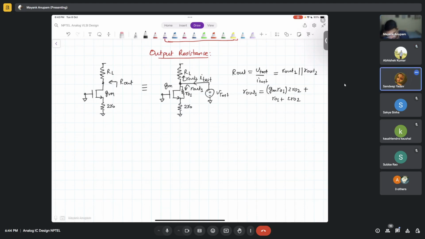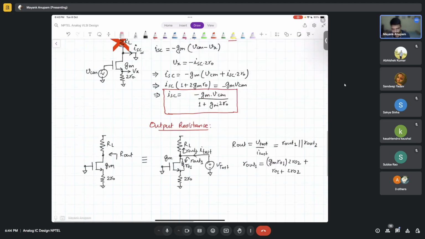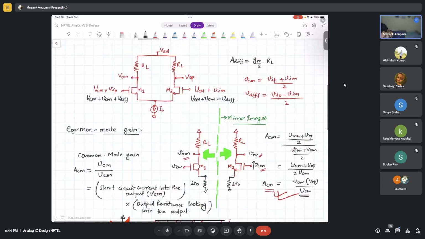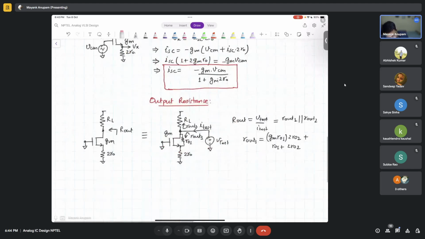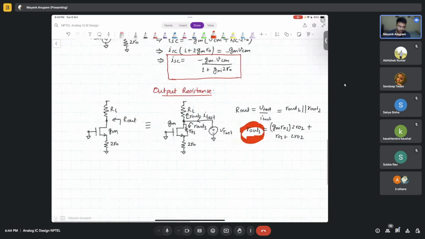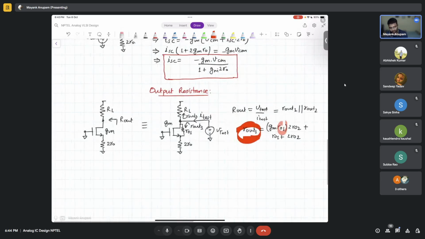Now, since you are not given any RO, if you assume that these two transistors have infinite output resistance, which means that this guy will simply become infinity, R out 1 will become infinity because RO1 will become infinity, correct?